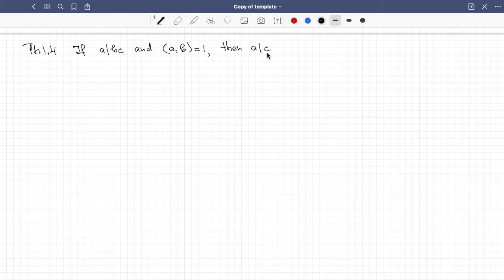This is instrumental for the proof of the fundamental theorem of arithmetic, and let us see how it follows from our alternative characterization of the greatest common divisor.